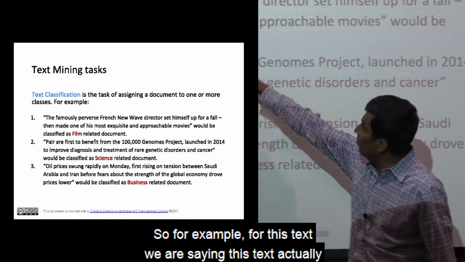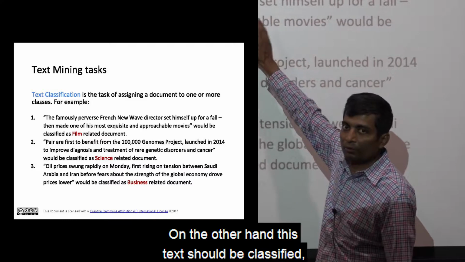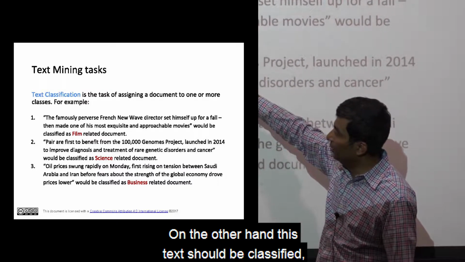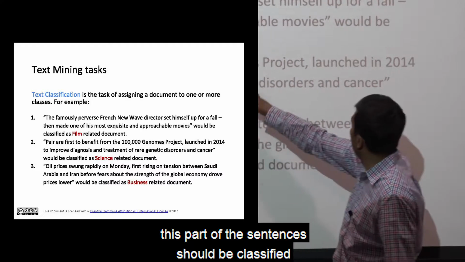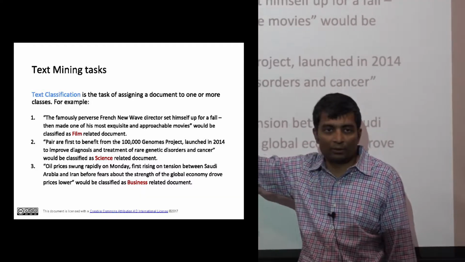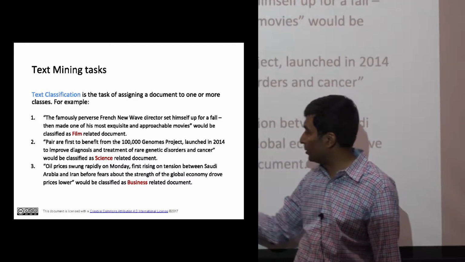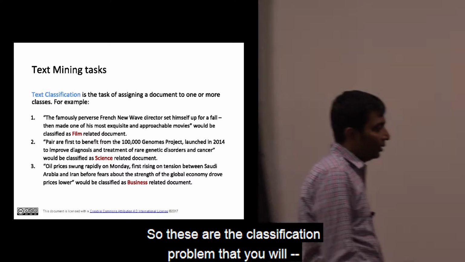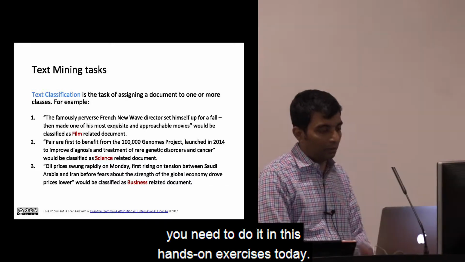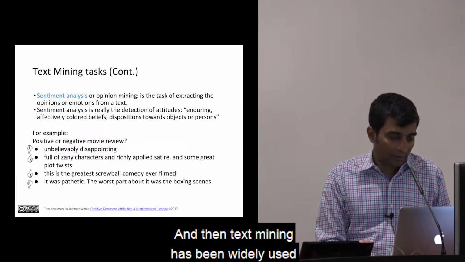For this text, we are saying it talks about film. This part of the sentences should be classified as science, say, and this part of the text should be classified as business. These are classification problems, and you need to do them in the hands-on exercises today.